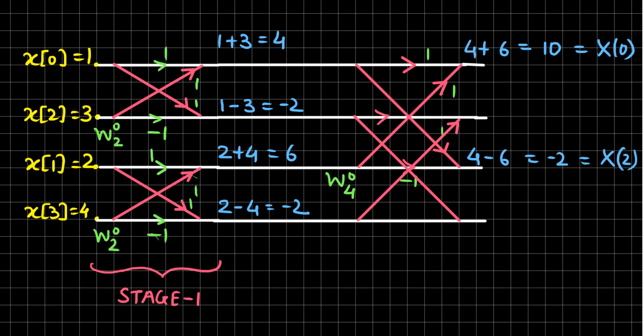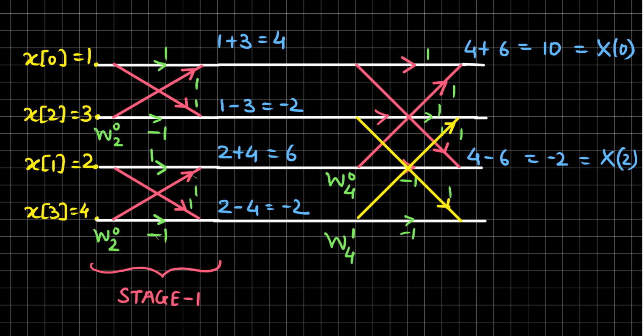So let me use a different color. So it can be considered like this and here. And we know that the scaling factors are again 1, -1, 1 and here 1. Now the twiddle factor would be W4 to the power 1.